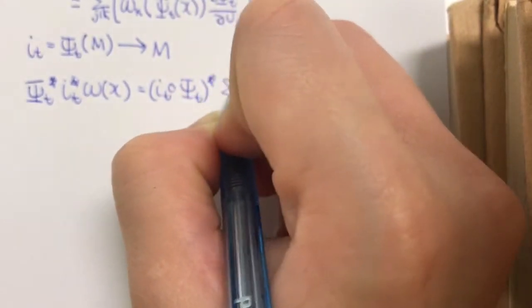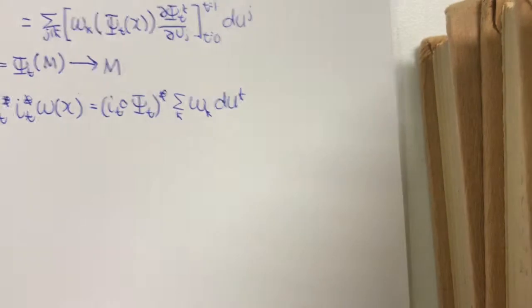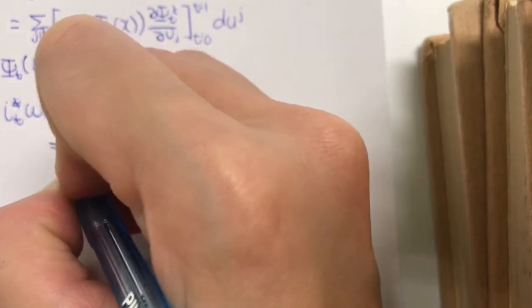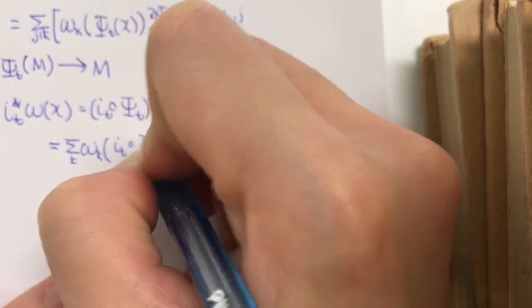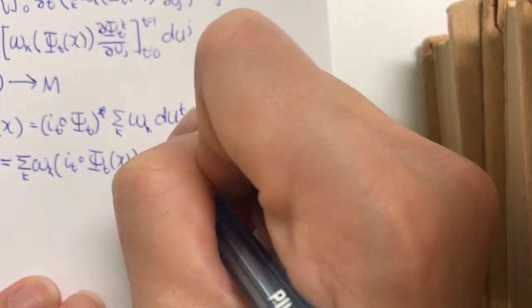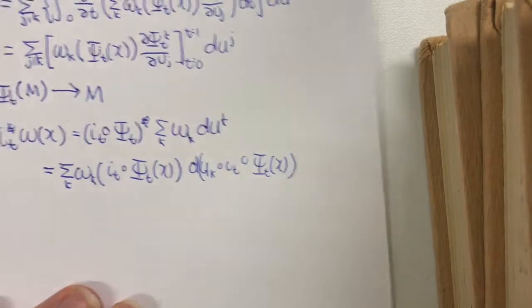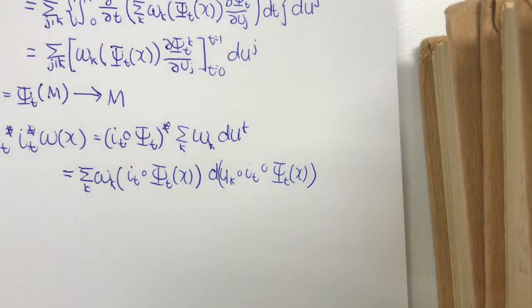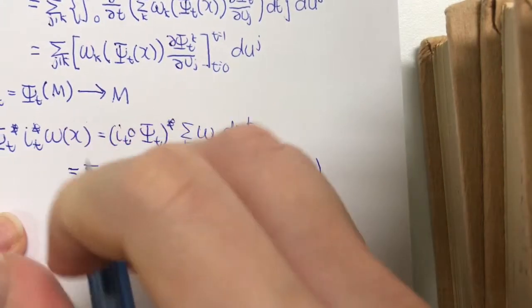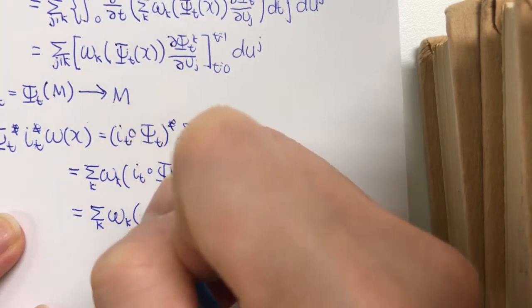The pullback map we can compute this way, and then we further carry out the computation, which is trivial.